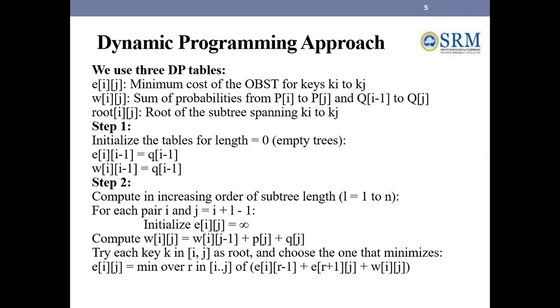So W is the sum of probability for success and unsuccessful search. And the root table stores the possible root node for constructing the binary search tree. So in this problem, we are going to derive values for 3 tables. First one the cost table, second one the weight table, third one the root table.